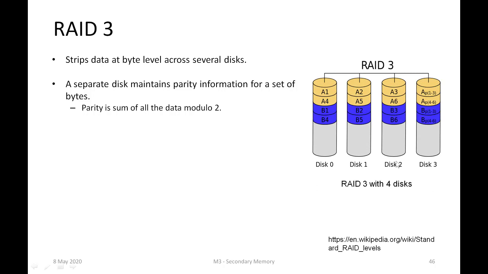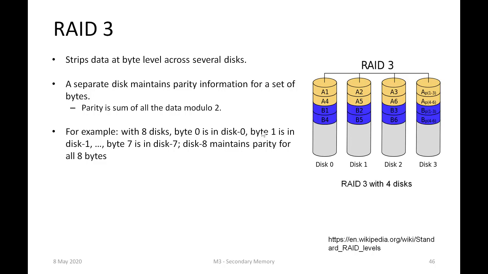So in RAID 3, if we have, let's say, 4 disks, 3 of them will be storing the data and the 4th disk will be storing the parity of each of those blocks. So here the parity of A1, A2, A3 is stored in the 4th disk. And just as an extension, let's say if we have 8 disks, byte 0 will be in disk 0, byte 1 will be in disk 1 because it's striped at byte level.